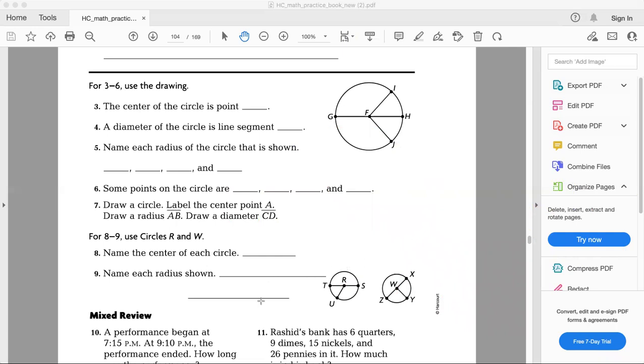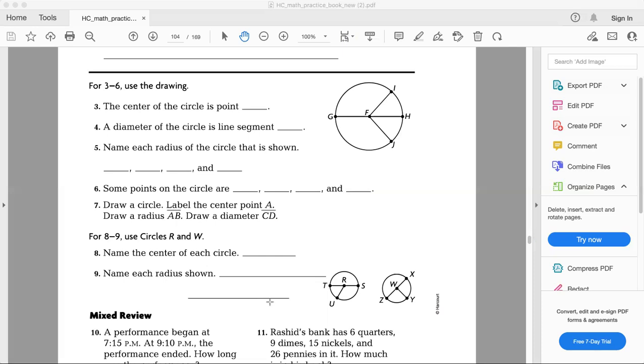Number 9, beta. Number 9 name: RU and WY. Okay, there are more radius, beta. Not only RU and WY.